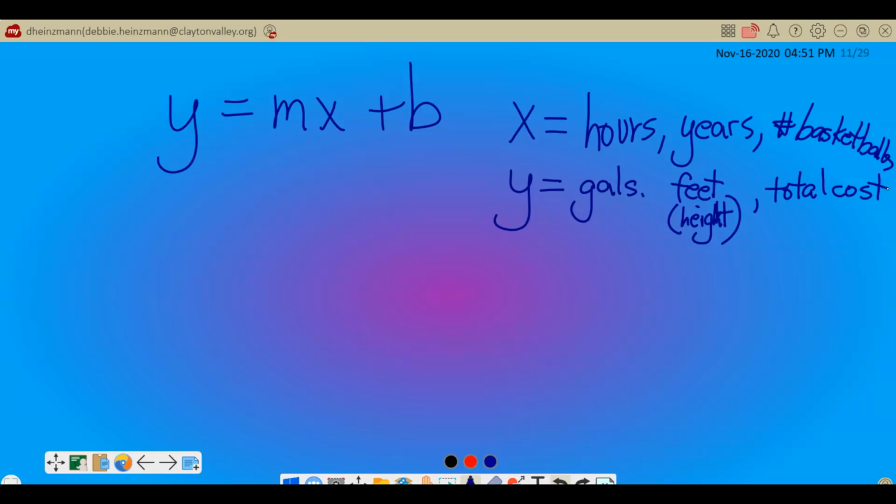And the units for these were different. The slopes were blended. The units were blended. It was gallons per hour, feet per year, cost per basketball.